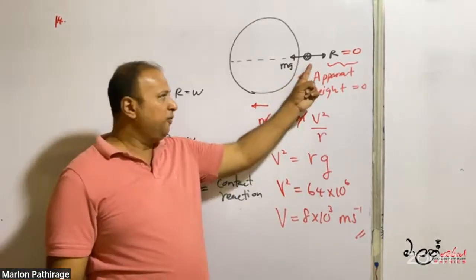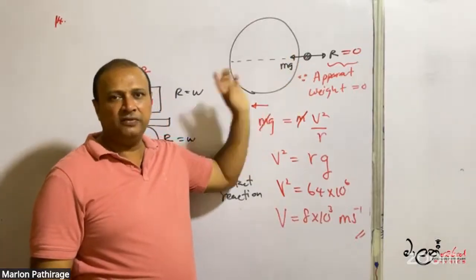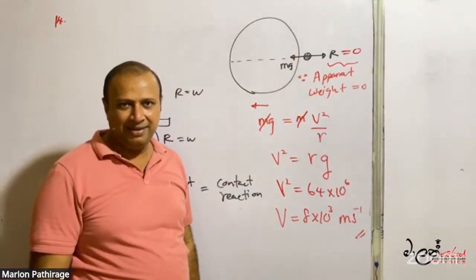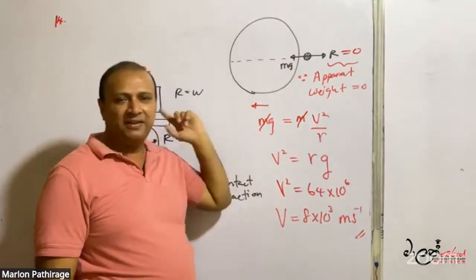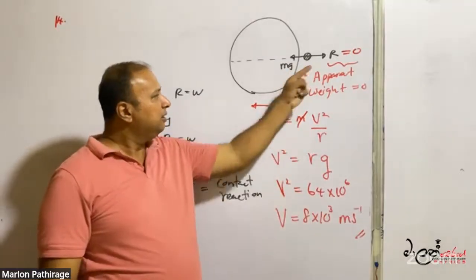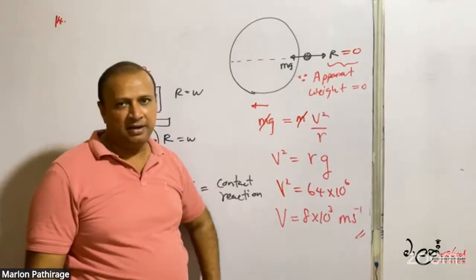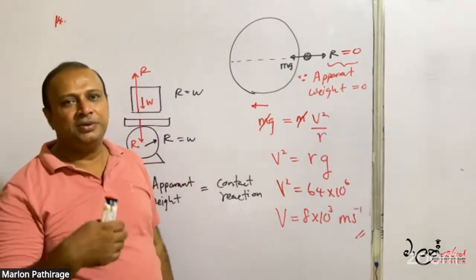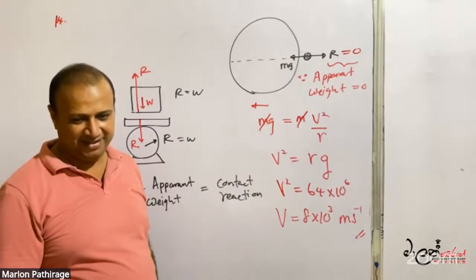If we consider a certain location, the gravitational field is a constant, but R can be changed due to the external accelerations.